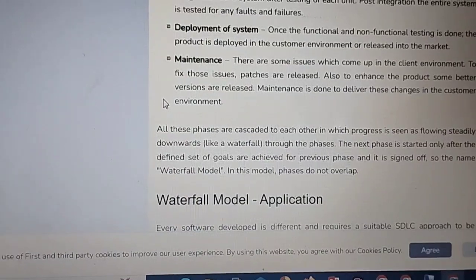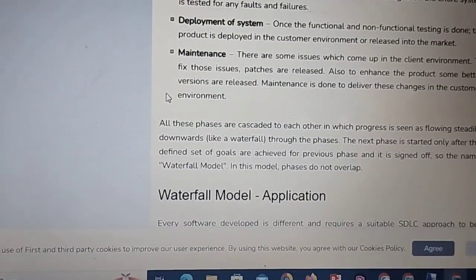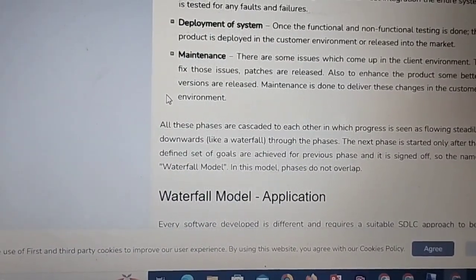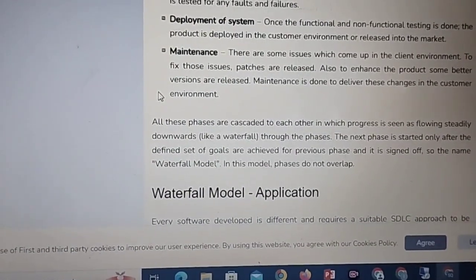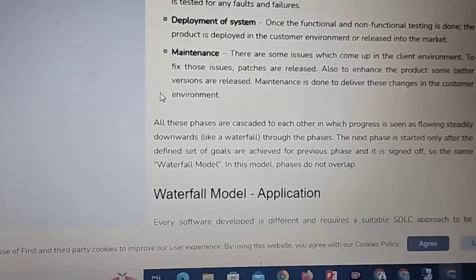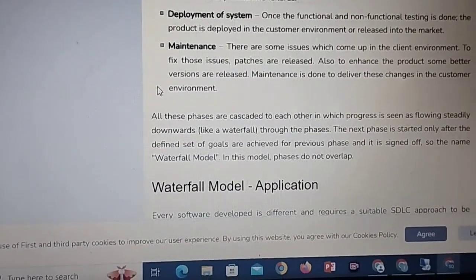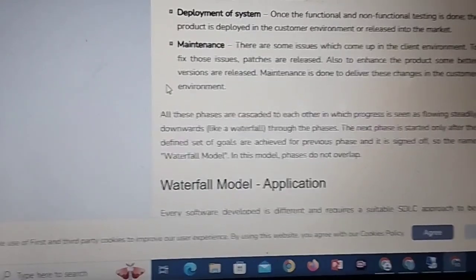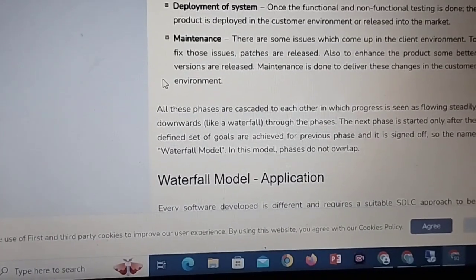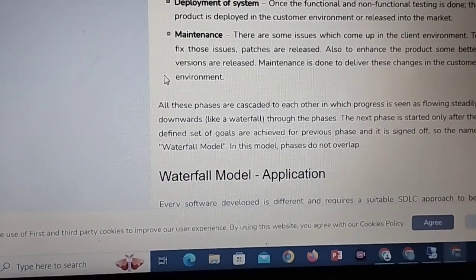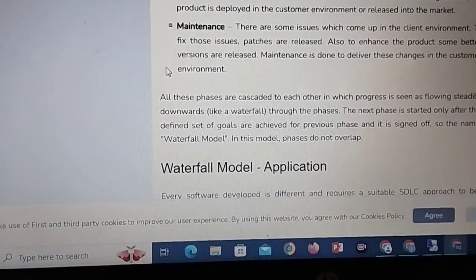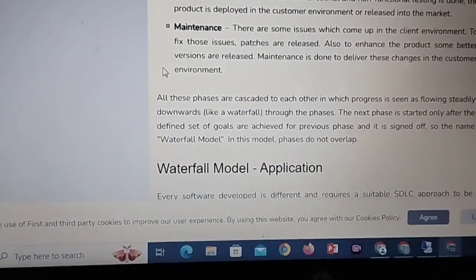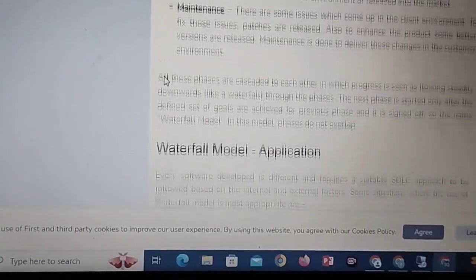All the phases are cascaded to each other, and progress is seen as flowing steadily downward, like a waterfall, through the phases. The next phase starts only after the defined set of goals is achieved for the previous phase and it is signed off. The phases in the waterfall model do not overlap.